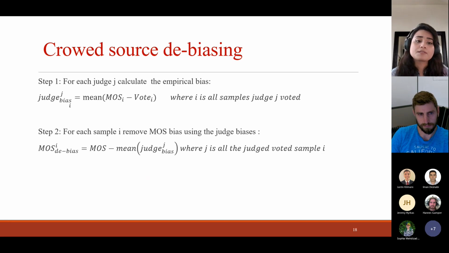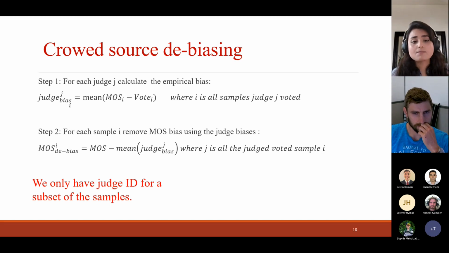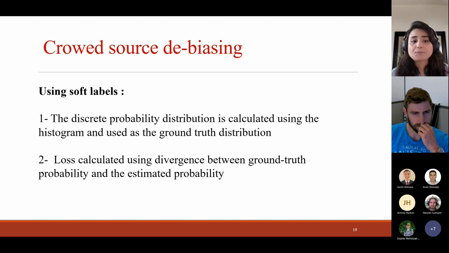For that purpose, we first calculated the bias of each judge by calculating the average deviation of each judge from the MOS score, and then calculated the debiased MOS by subtracting the mean of the bias of all judges that rated one specific sample. The problem is that we only had judge IDs for a subset of samples, but not all of them.